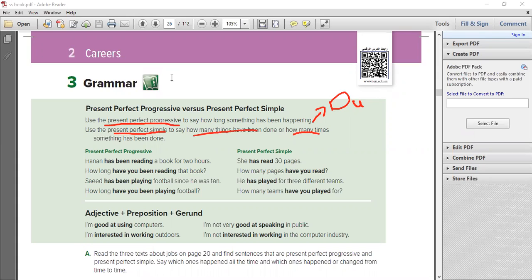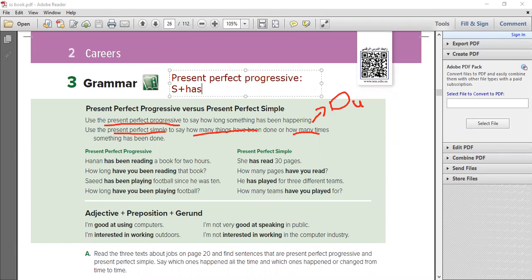طيب, let's remember what the grammar of the present perfect progressive and the present perfect simple was. طيب, مثل ما نقول دائما إذا كان اسم الجرامر progressive يعني لازم في فعل في ing. نفس الشيء لو كان يوجد grammar يوجد به perfect يعني لازم يوجد have or has. Okay, so the present perfect progressive: subject plus have or has, plus been, plus verb with ing.